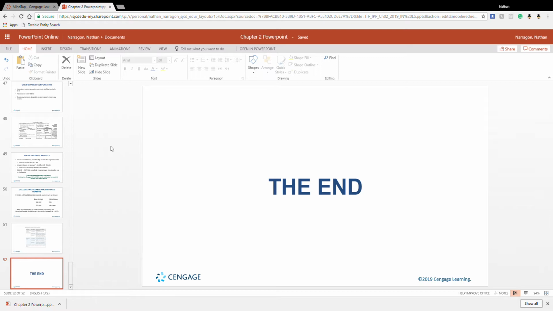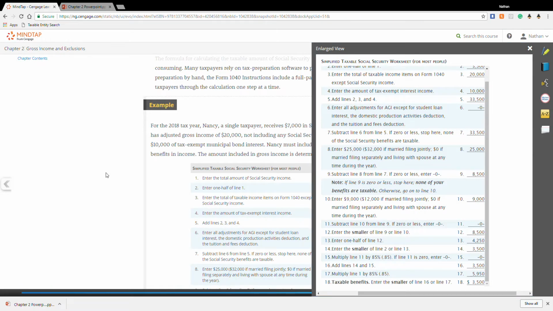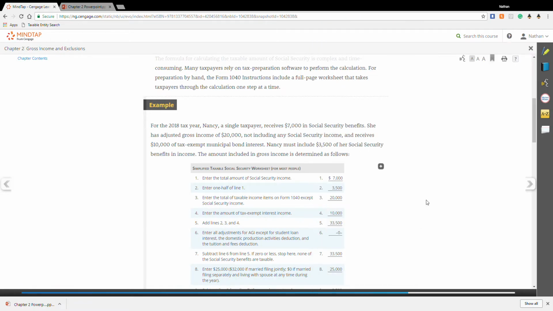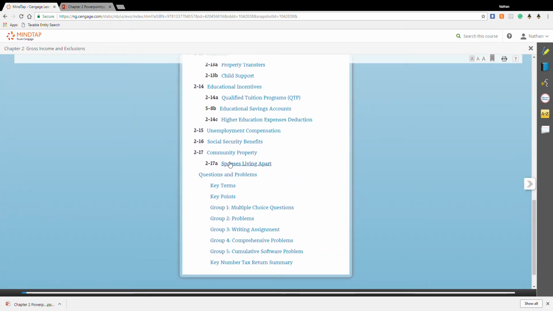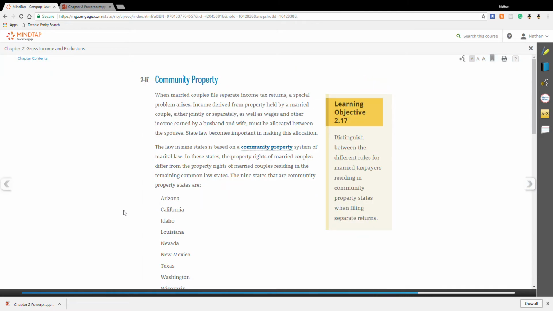Now, the thing that the PowerPoint doesn't get into, that we need to get into real quick, is the last little part that's part of your learning objectives. I don't know why the PowerPoints don't have it, but community property states, we actually have to focus on this. Now these basically don't distinguish between each other when it's separate.